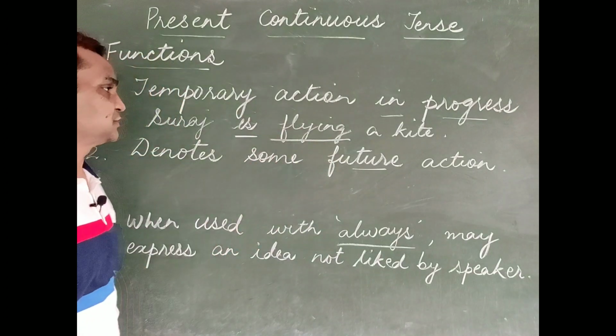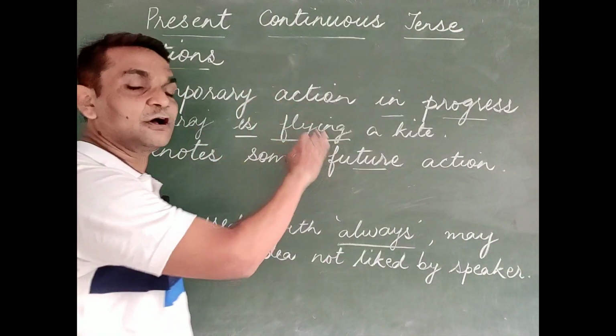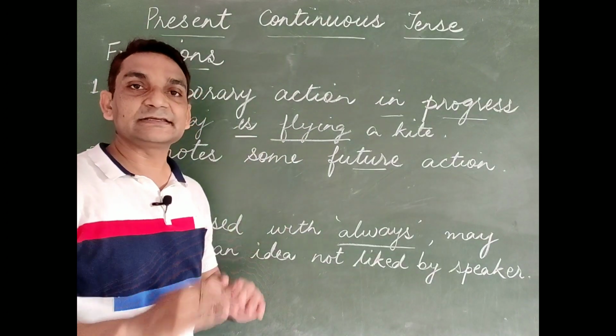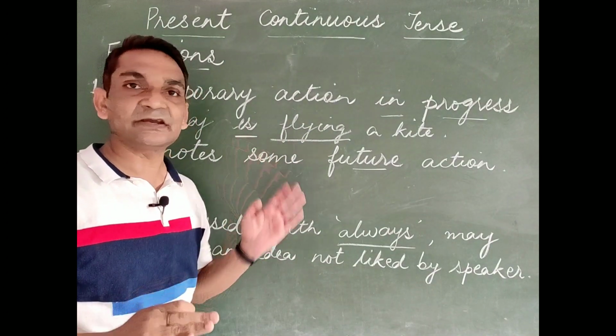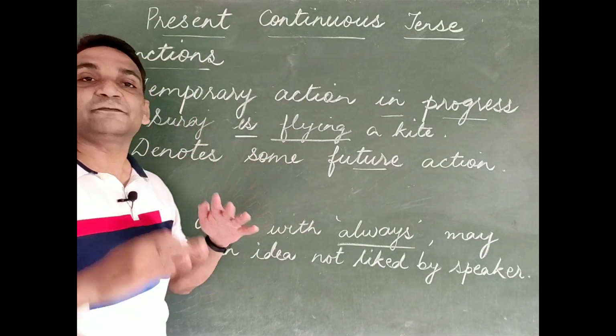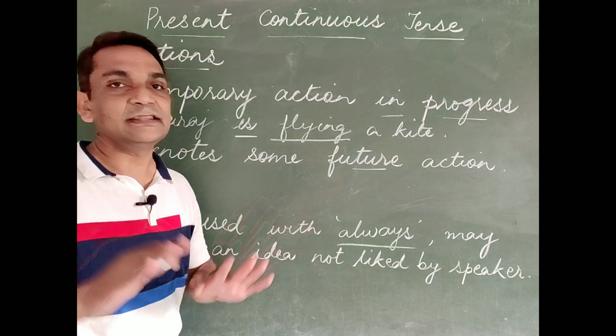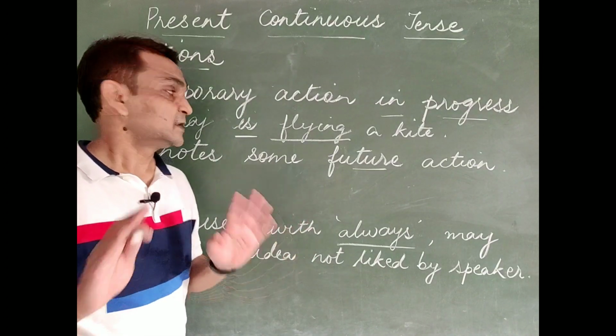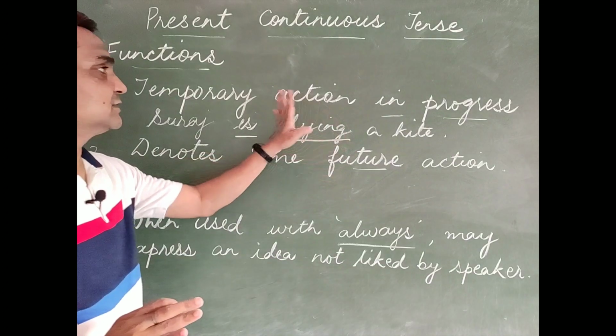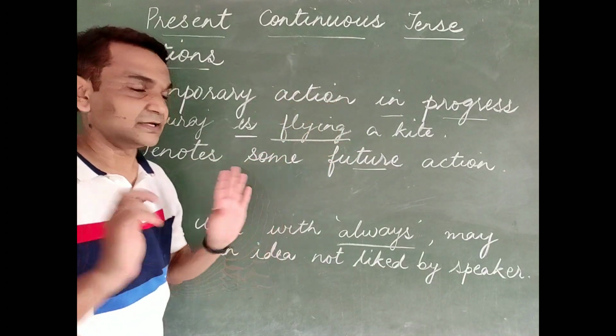Now this sentence shows that the action of flying a kite is still going on and this is temporary action because Suraj will fly kite for some time and then he would take rest. So it denotes temporary action in progress.